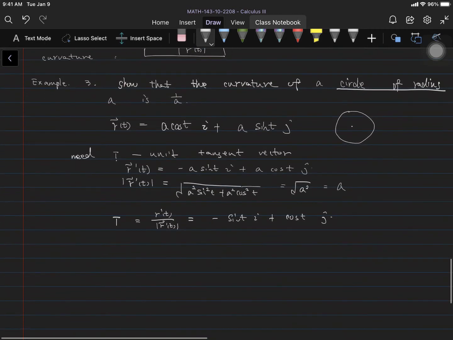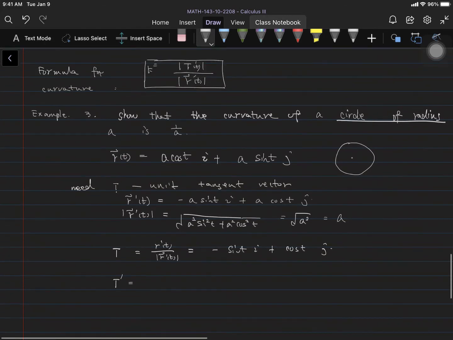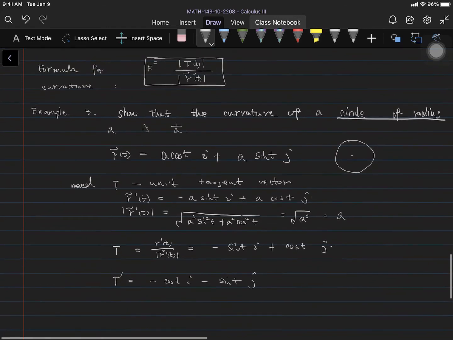So first step, we calculated T. And next, we need to find the derivative of this T. Look at our curvature formula, the derivative of capital T, which is negative cosine t i minus sine t j.